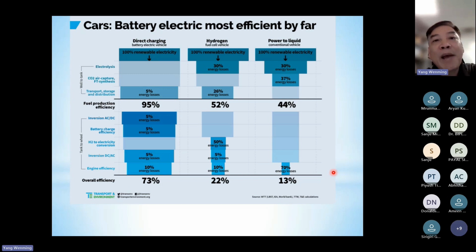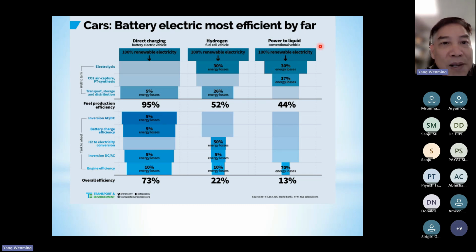Next is the battery. This is the efficiency comparison for the different vehicles. The first one is a battery electric vehicle, the second one is a hydrogen fuel cell vehicle, and the third one is liquid-fuel-powered conventional vehicles with SE engines.